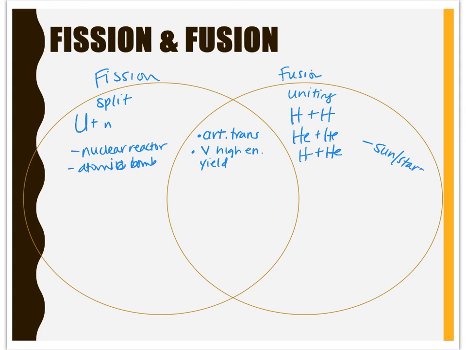Fusion is sun and stars. That's where you get that energy. Also a hydrogen bomb. And where both of them do give off high energy yield, fusion actually yields a lot more energy than fission does.